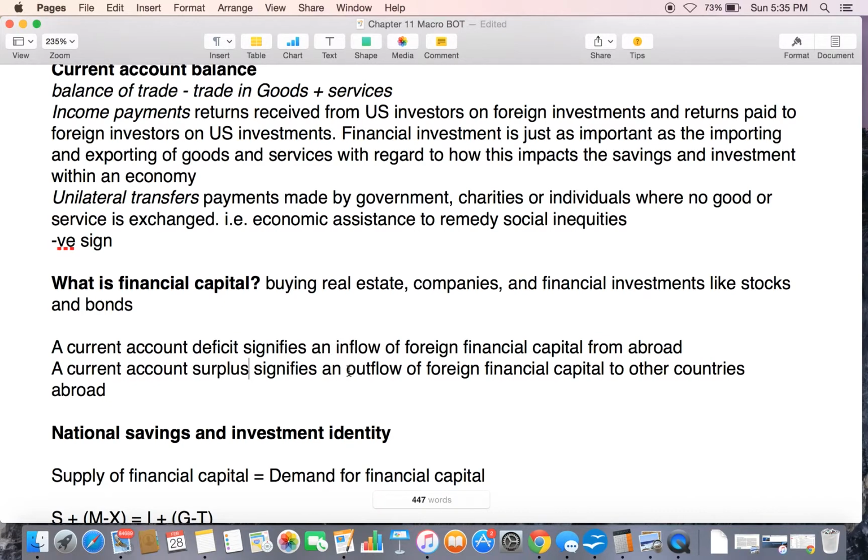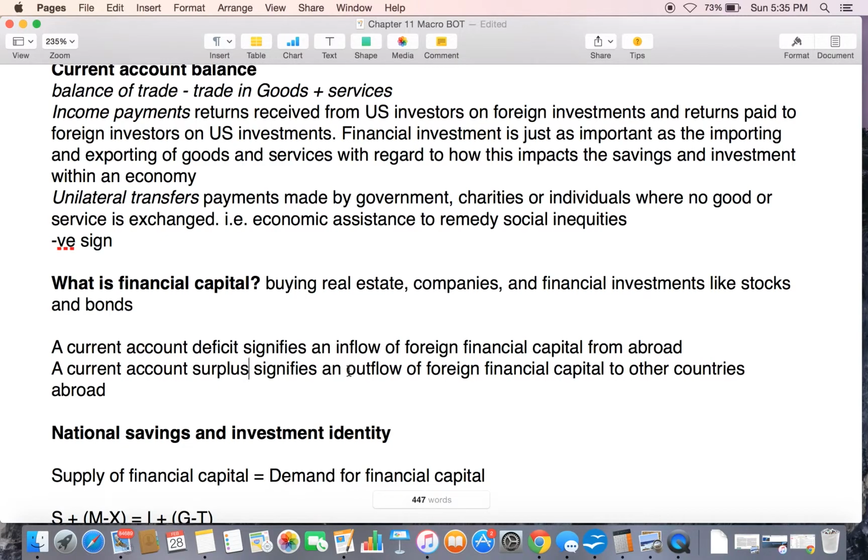But our exporting over our importing and our payments received over our payments paid are going to be greater, a positive number rather than a negative number. This means that we are going to be flowing our capital into foreign countries. So it represents an outflow of foreign financial capital to other countries. We'll be buying real estate, buying companies, and buying financial investments like stocks.